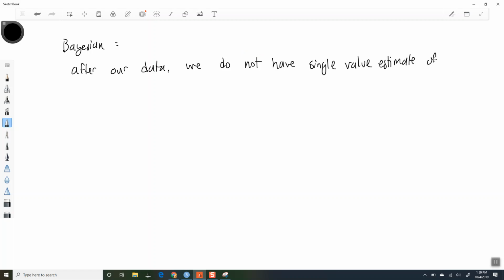In Bayesian, however, after our data, we do not have a single value estimate of p. What do we have? We have a probability distribution.